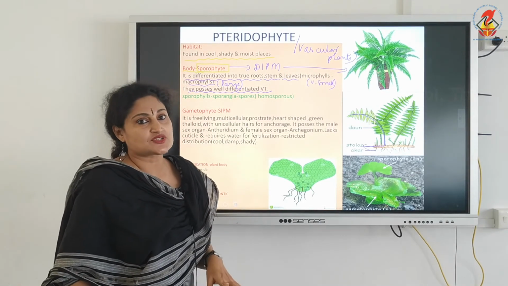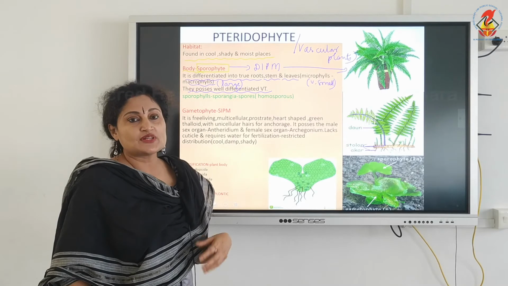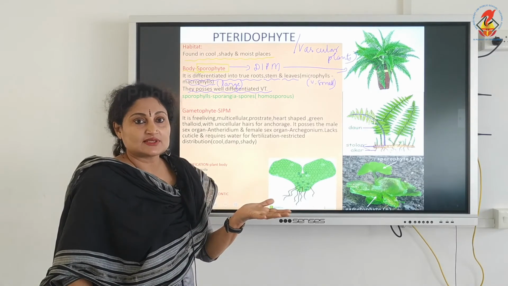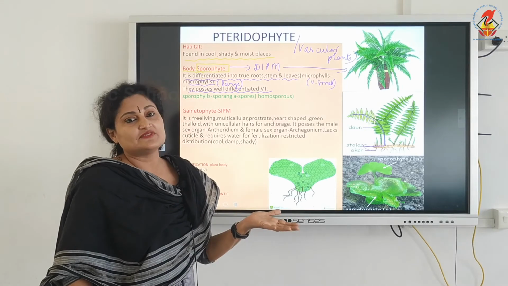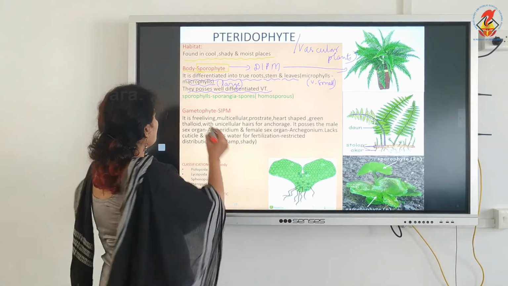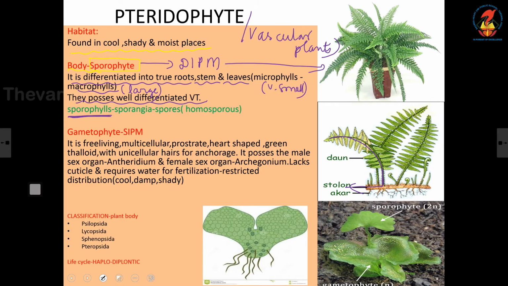These are called sporangium, plural sporangia. And these sporangia are located on some leafy structures, called sporophylls. So it is very easy. The sporophylls are leaf-like structures which bear sporangia, and the sporangia consist of spores. And the spores found in pteridophytes are usually homosporous, same type of spores.